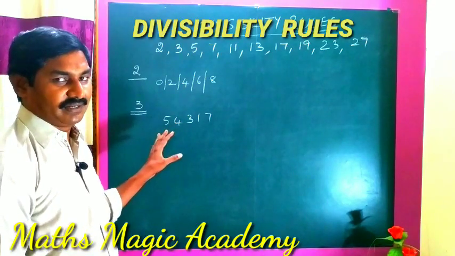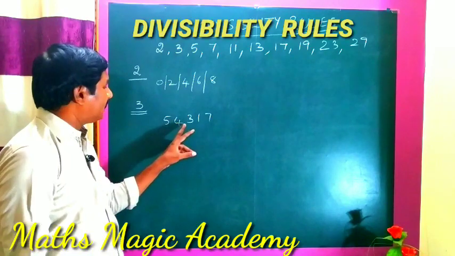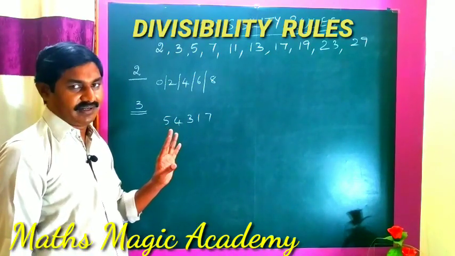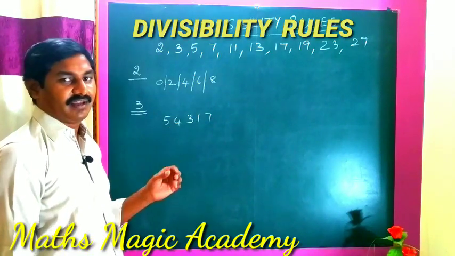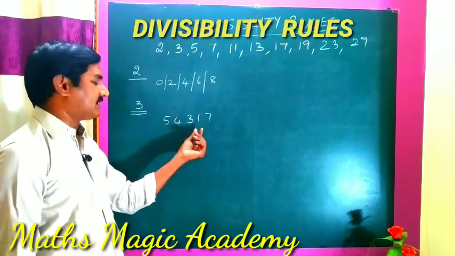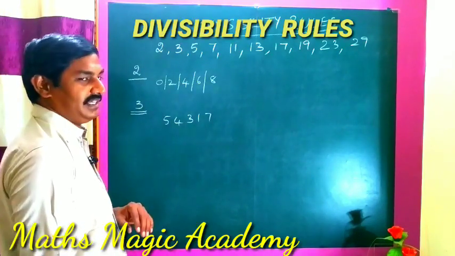We have to find. How can we find? By adding all the digits of the number; if the sum of the digits is a multiple of 3, or divisible by 3, then we can say the number is divisible by 3.